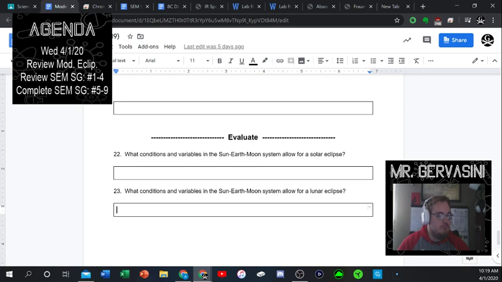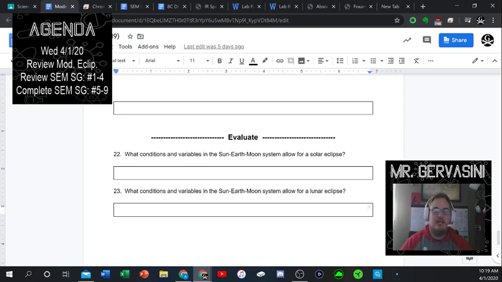Lunar phases, position of the Moon. Tides, position of the Moon, but in relationship to how fast the Earth rotates. Spring tides and neap tides, position of the Moon with the Sun. And then now with eclipses, Sun, Earth, Moon, but again, is the Moon in a new moon or a full moon? That's the only way you're going to get an eclipse. You cannot get an eclipse at the quarters. You can't get an eclipse at the waxing crescent. You can't get an eclipse at the waxing gibbous. You can't get it at a waning crescent or a waning gibbous.